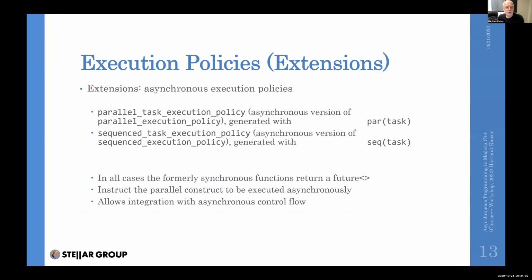What we have done in HPX is extend the execution policies to be asynchronous, and that really mitigates the fork join parallelism disadvantages. Because these asynchronous execution policies, par task and seq task as an example, turn the formerly synchronous function and algorithm invocations into a function that returns a future. So you just kick off the operation and get a future back, which represents the end of the execution of that algorithm.